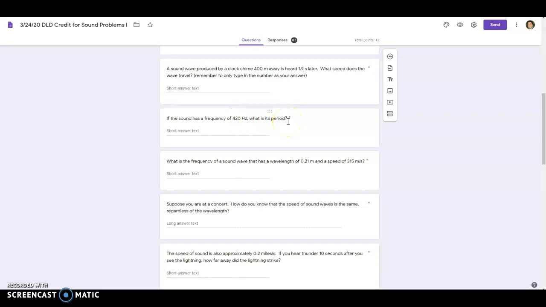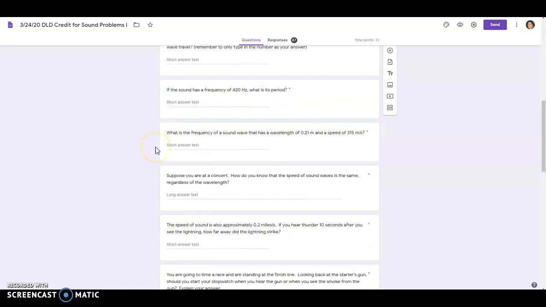The correct equation to use there is period, capital T, is equal to 1 divided by 420. So if you do that in the calculator, 1 divided by 420, you get 0.00238 seconds. And some kind of variation of this will be on the quiz or assessment for this unit.